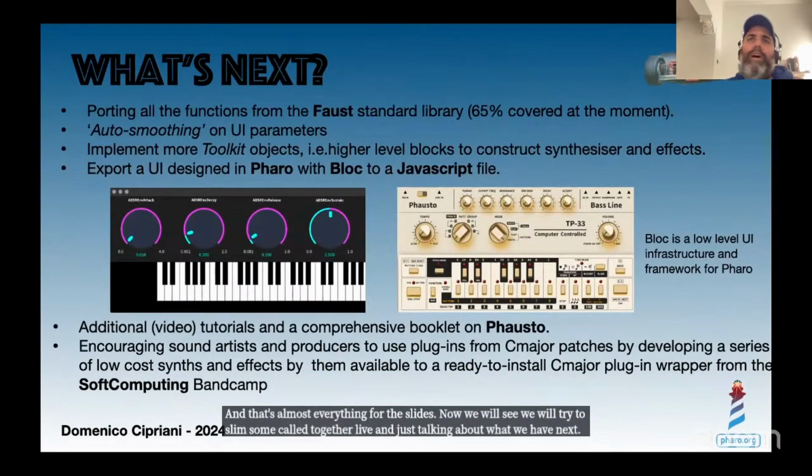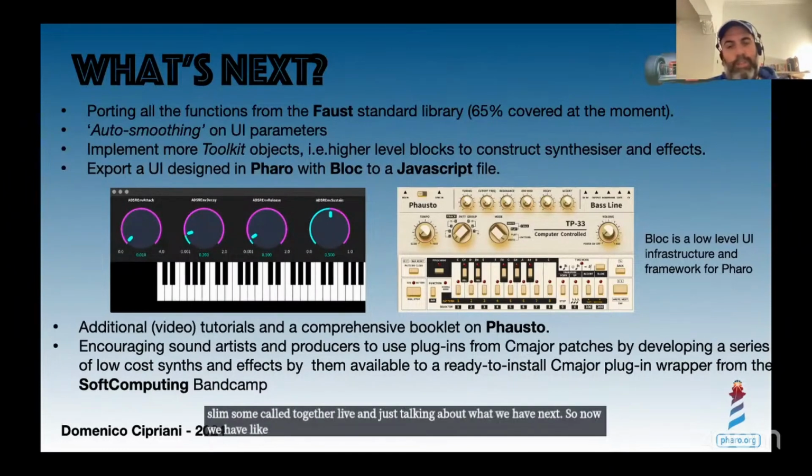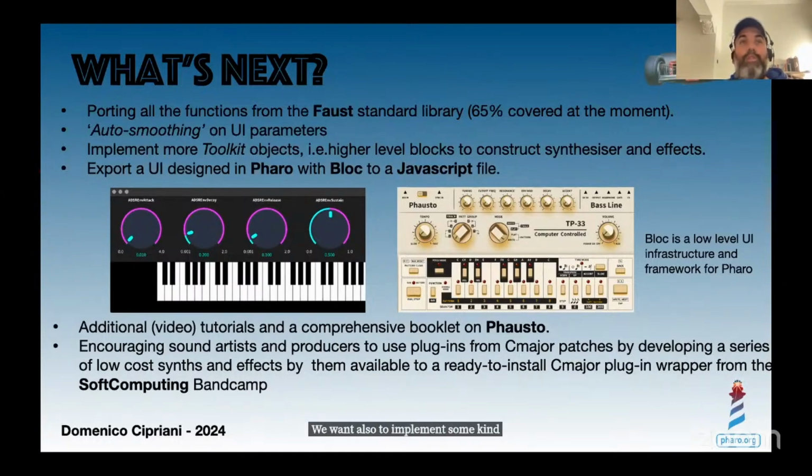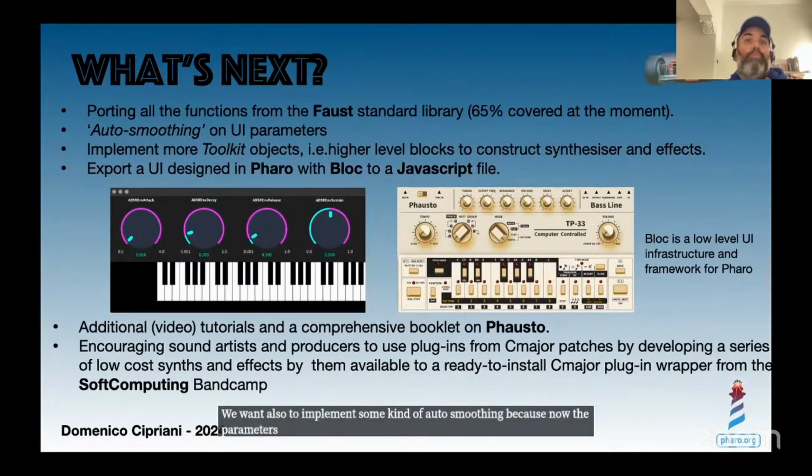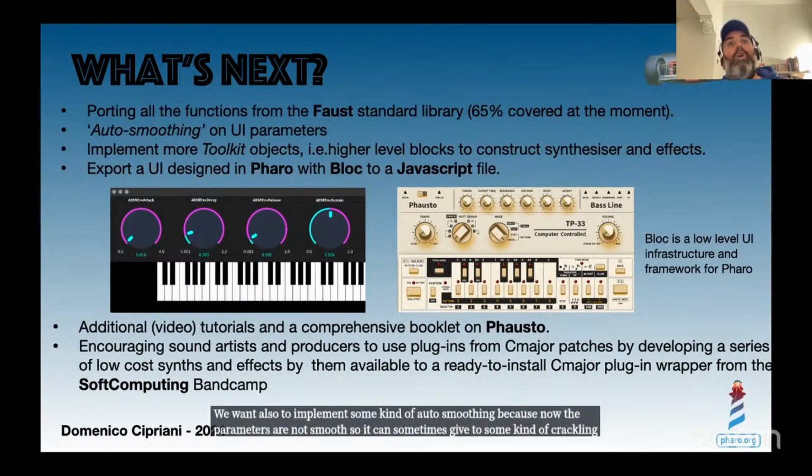So now we have ported 65% of the huge library of Faust. We want to port everything you got in Faust. We also want to implement some kind of auto smoothing, because now the parameters are not smoothed, so it can sometimes give some kind of cracklings. Also, we are going to implement more toolkit objects.